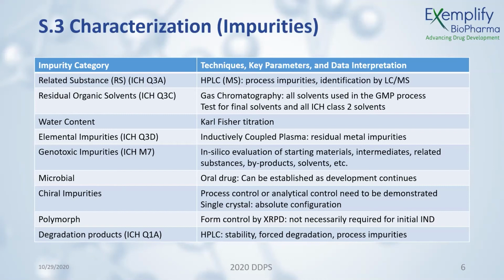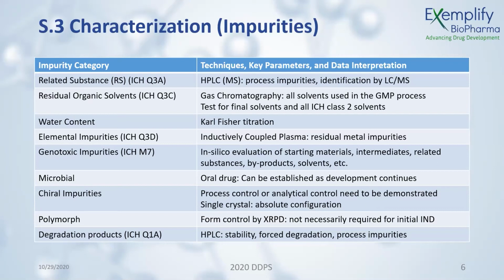Class 3 solvents are considered non-toxic solvents. Class 2 and class 1 are considered more toxic solvents. Class 1, such as benzene, will be prohibited to be used in the GMP manufacturing process of drug substance.